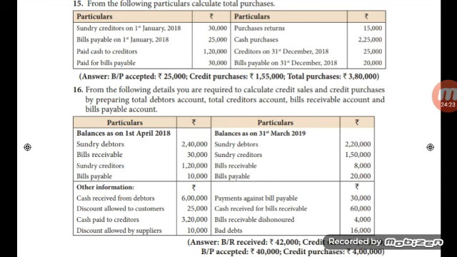Opening balance on the debit side as to balance brought down, amount 2,40,000. Next, all on the opposite side. By cash received from debtors 6 lakh. By discount allowed to customers 25,000. Next, by bad debts 16,000.